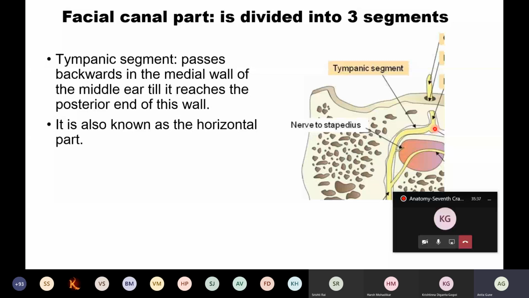From the geniculate ganglion, from the anterior end to the posterior end of the middle ear cavity towards the medial wall, this part is called the tympanic segment or horizontal part of the facial nerve. Now, it has reached the posterior end of the middle ear cavity.